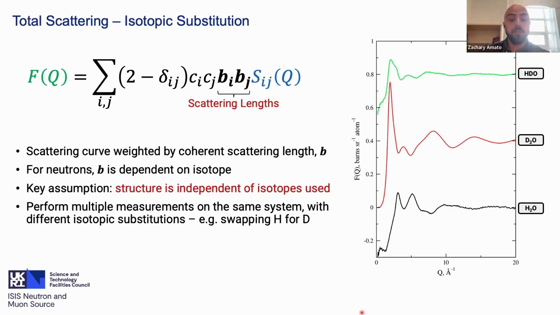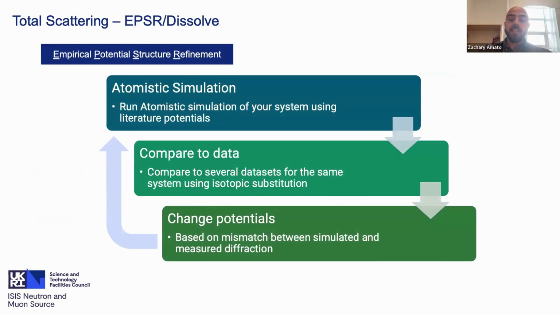And then what we really specialize in is taking that neutron data, those different samples, all of that data, and using it to refine a simulation. Of course, with computational simulations, you can get even more information on things like dynamics or getting atomistic understanding. So we build up a simulation box with the potential, how you do normally when you set up a simulation.